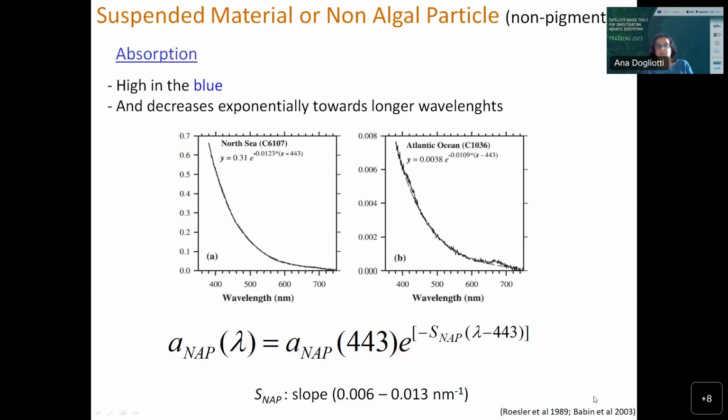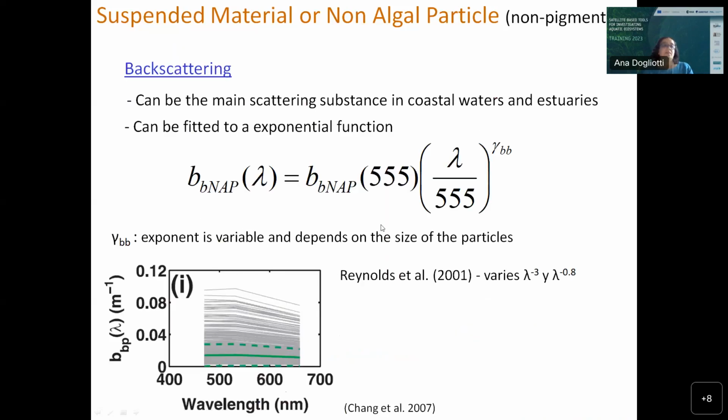In different references or studies, this slope has shown quite a variability, ranging from 0.06 to 0.13. This is how it looks. And the difference is that you can see this absorption doesn't have the peak which is characteristic of the pigmented particles.